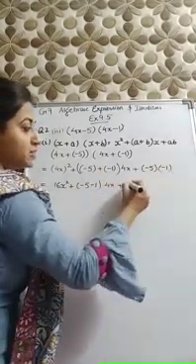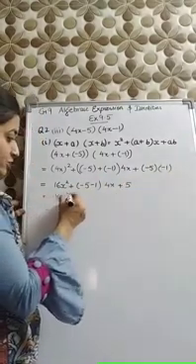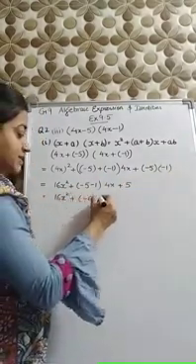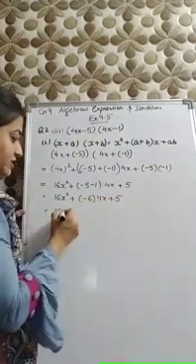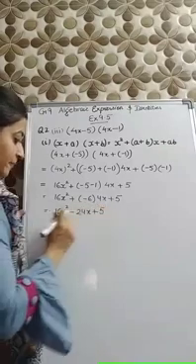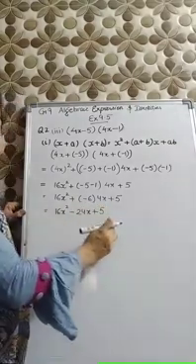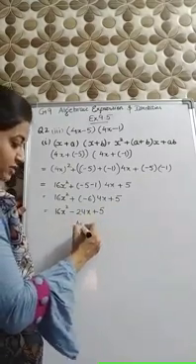This is minus minus plus, 5 ones are 5. 16x², this is minus 6 into 4x plus 5, 16x² − 24x + 5. This can't be solved further because all these are unlike terms. So this is your answer.